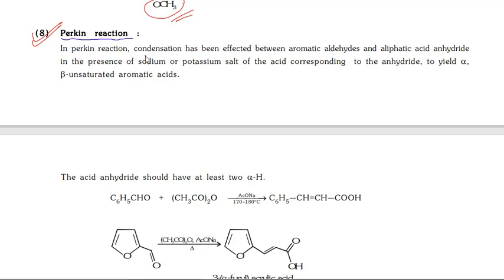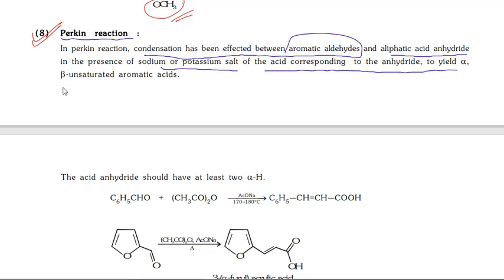In the Perkin reaction, condensation is effected between aromatic aldehydes and aliphatic acid anhydride, in the presence of sodium or potassium salts of the acid corresponding to the anhydride, to yield alpha beta unsaturated aromatic acids. See 3 conditions.